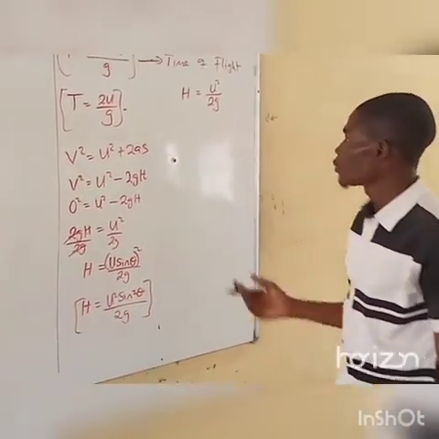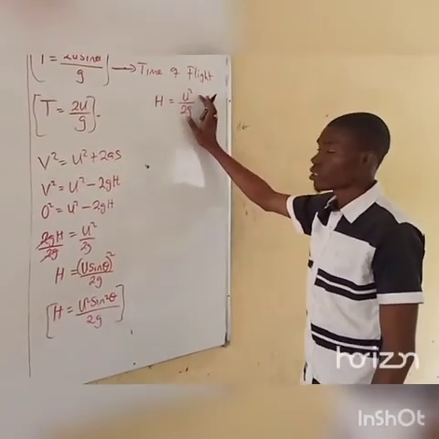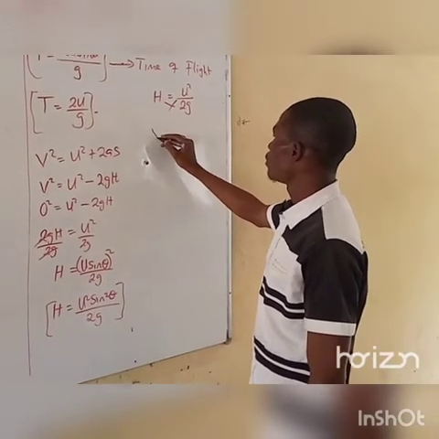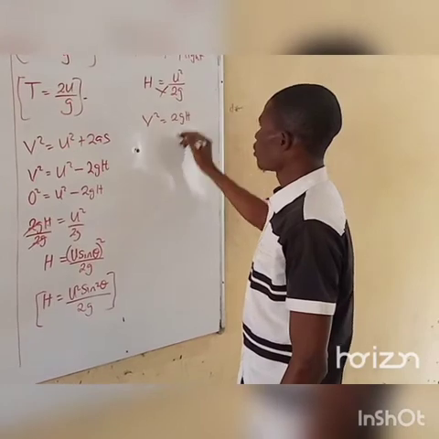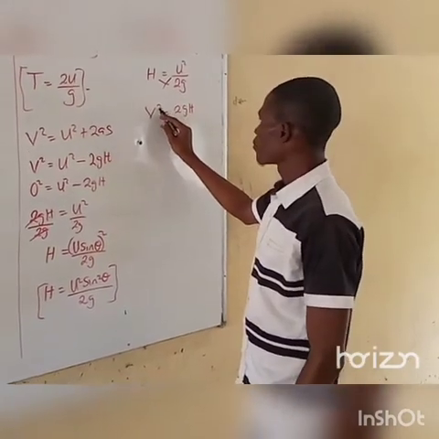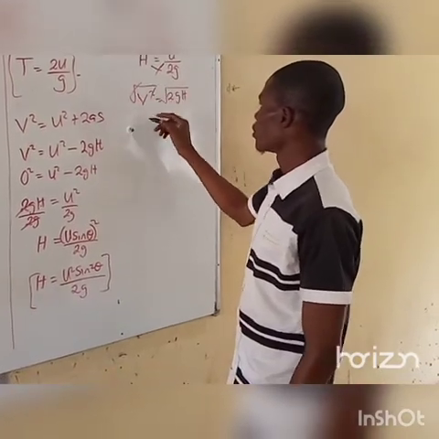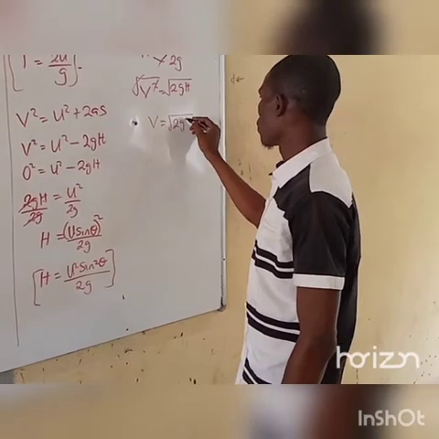One good thing about this projectile motion, sometimes you can be asked to find this velocity. If you are asked to find this velocity, you cross multiply, you have v square is equal to 2gh. From here, we take the square root of both sides, so v is equal to square root of 2gh.